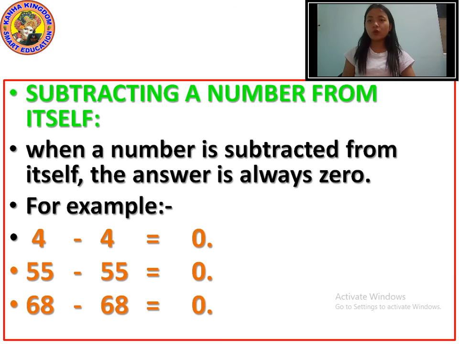Hope you all understood this chapter: the introduction of subtraction, the subtraction of two-digit numbers, and at last the properties of subtraction.